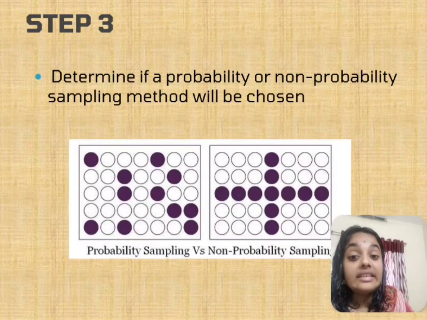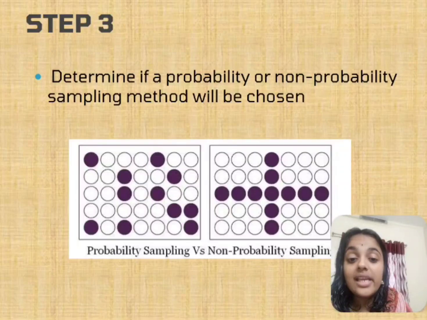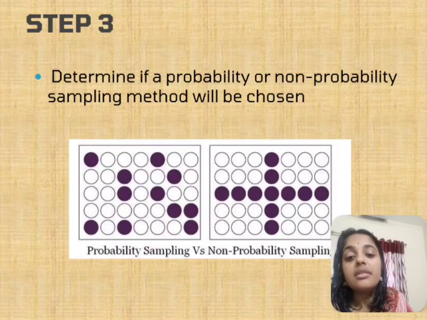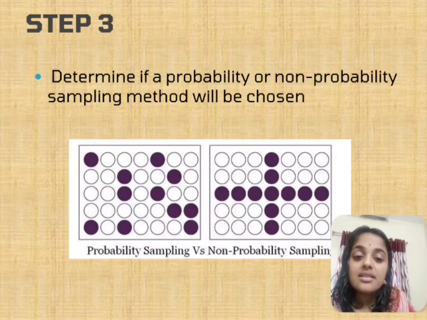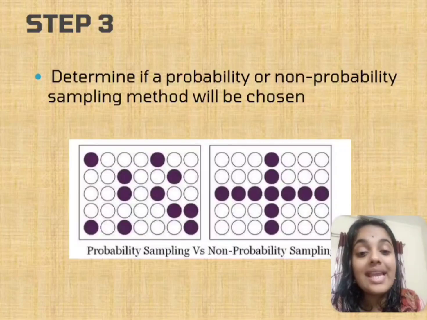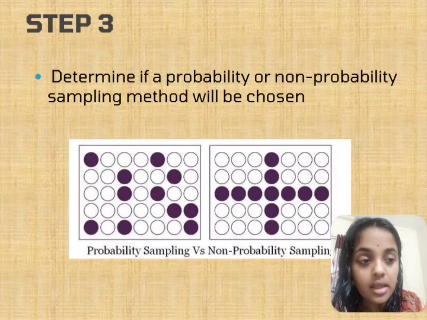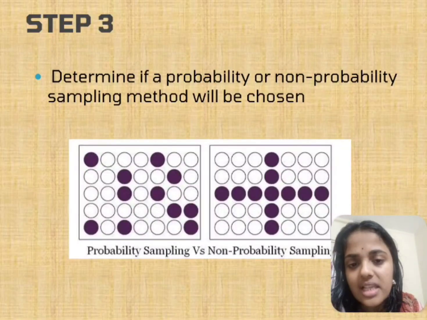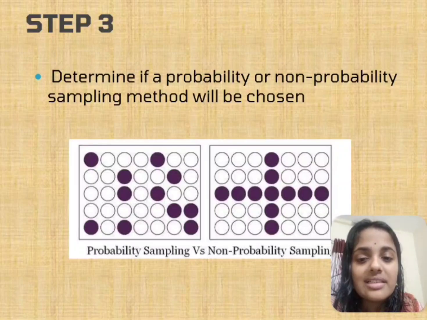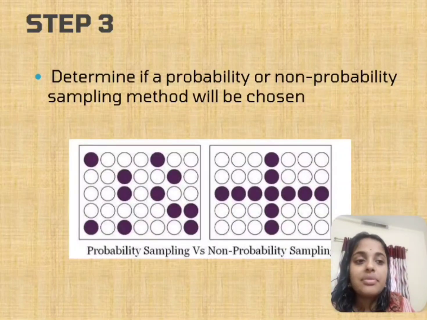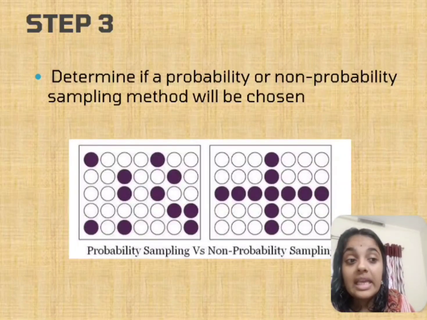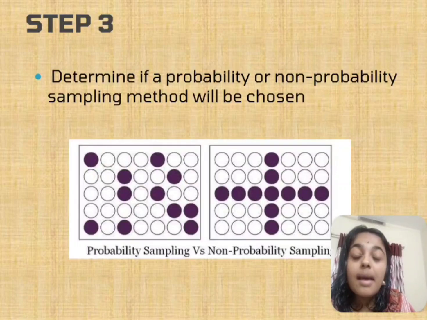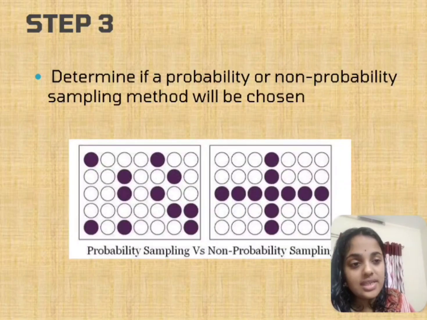Next is to determine whether a probability or non-probability sampling method will be chosen. That is selecting the appropriate sampling technique. So what are non-probability sampling and probability sampling? Let's have a look. Probability sampling involves selecting a sample in which the elements are drawn by chance procedures.